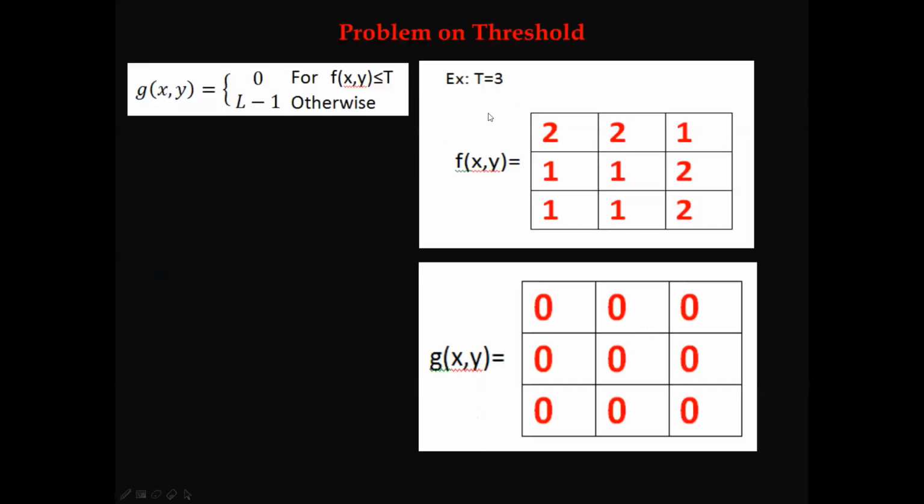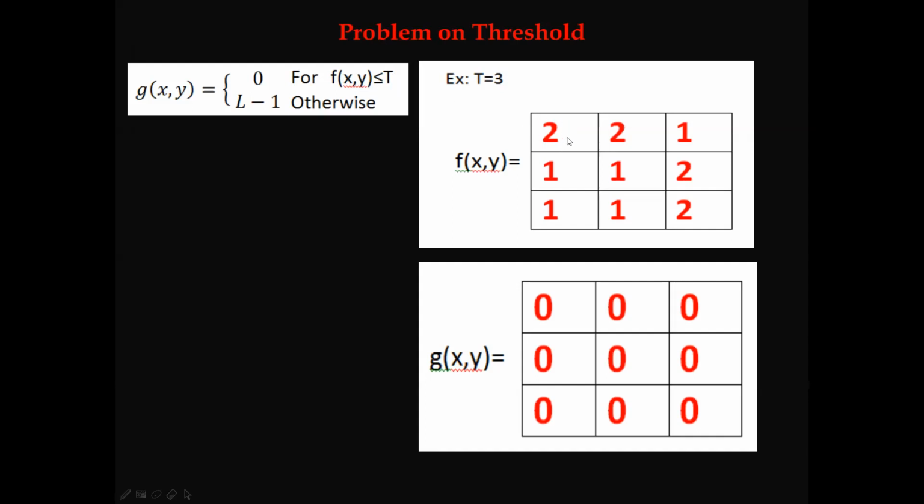Now here is a problem to find a threshold image. The input image is given as: first row 2, 2, 2, second row 1, 1, 2, and third row 1, 1, 2. The threshold is given as t equal to 3. So now we will compare each pixel. The condition here is f of x comma y less than t.